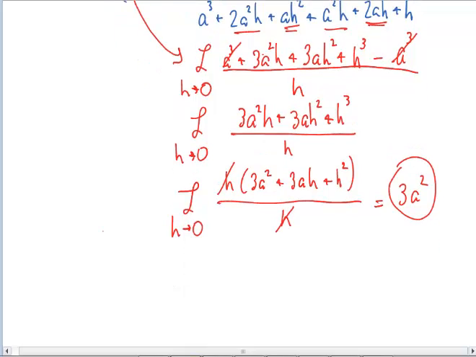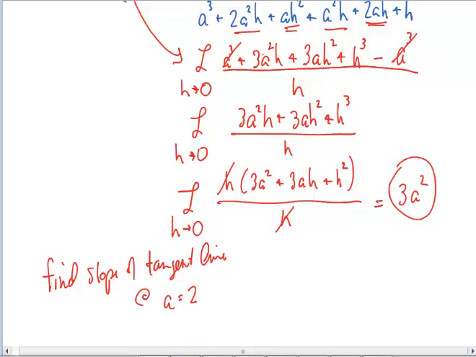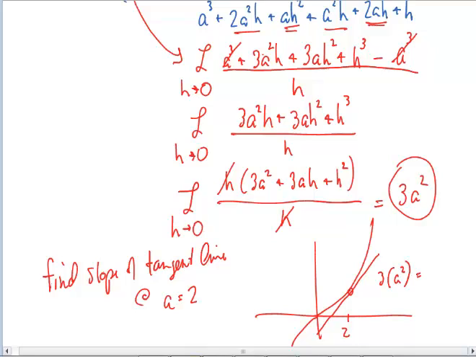If they said find the slope of the tangent line at a equals 2, now I know that on a cubic function, when I'm at 2, the slope of that point will equal 3 times a squared, which is 3 times 2 squared, which is a slope of 12. So that would tell me my instantaneous rate of change.